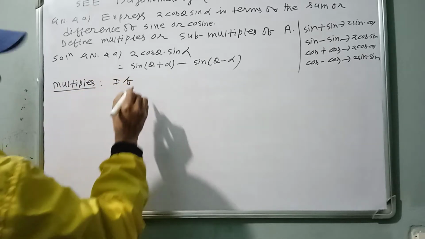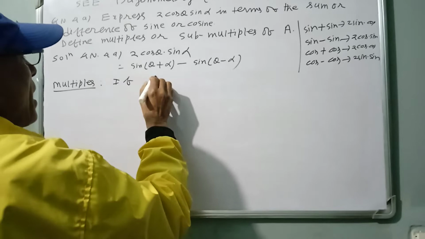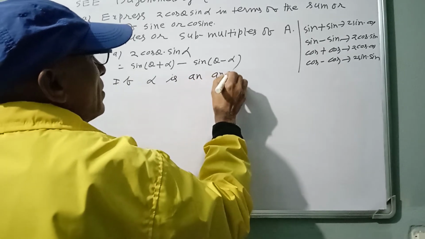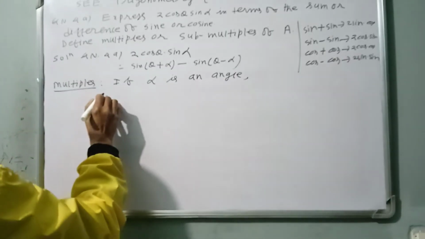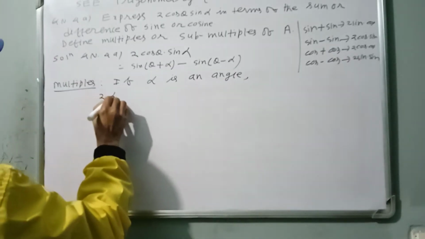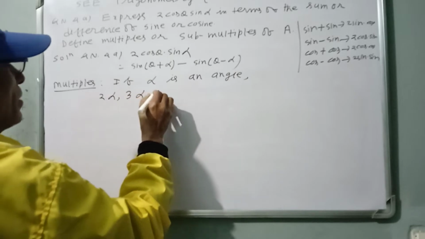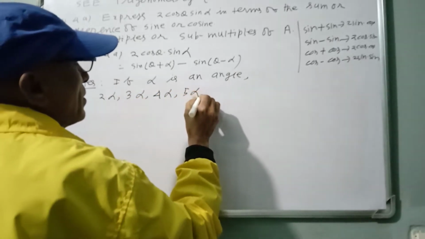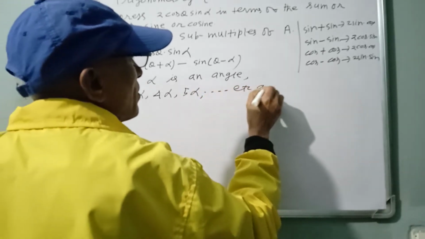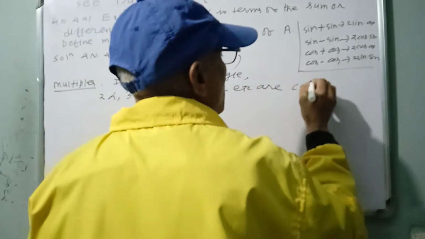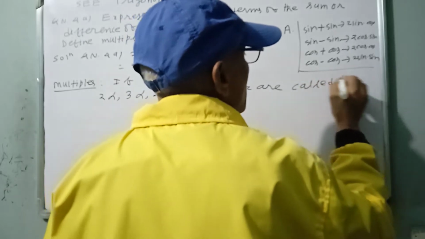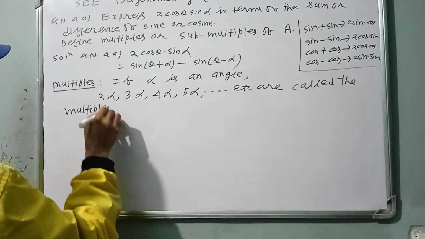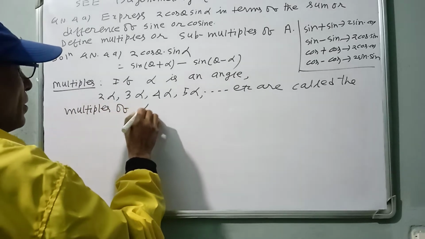If alpha is an angle, then twice alpha, thrice alpha, 4 alpha, 5 alpha, etc. are called the multiples of alpha.